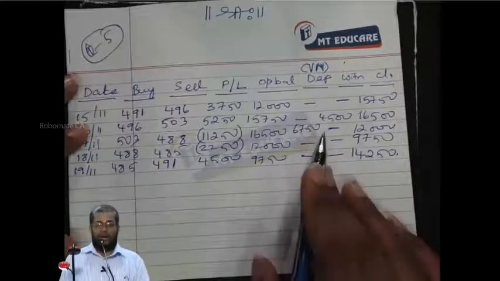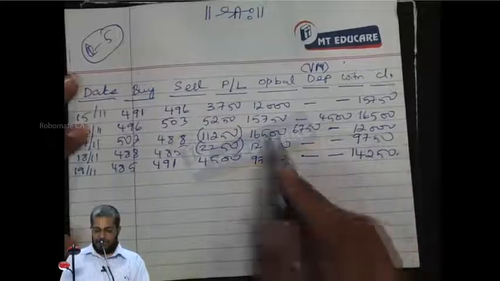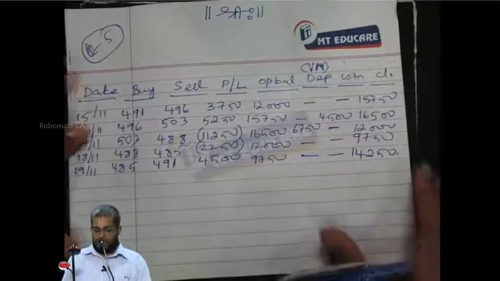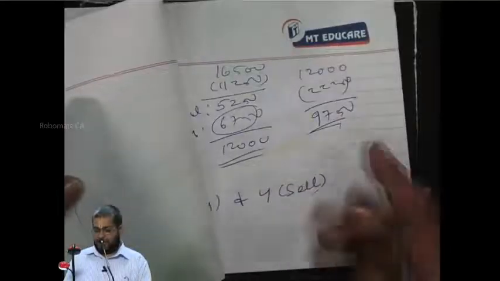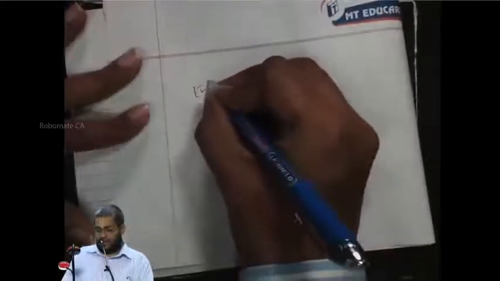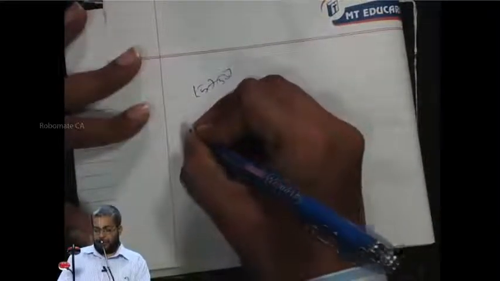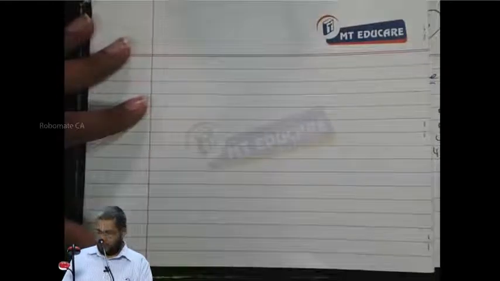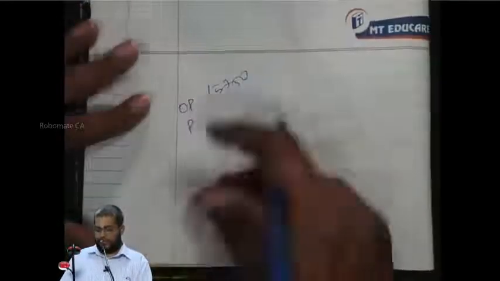Can I proceed? Now, opening balance 15,750. Then, what should I add? Profit. What is the profit amount? Tell me the number, please. 5,250.